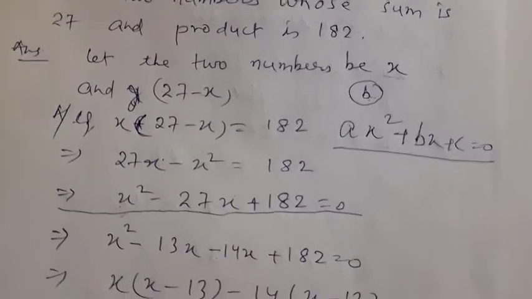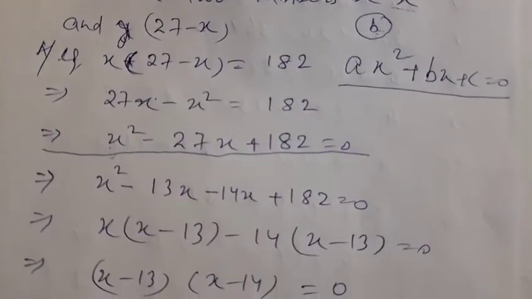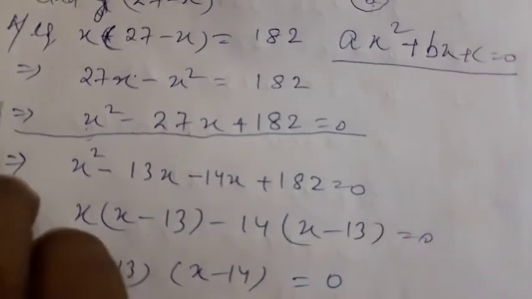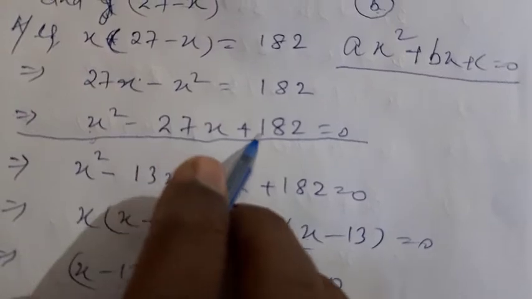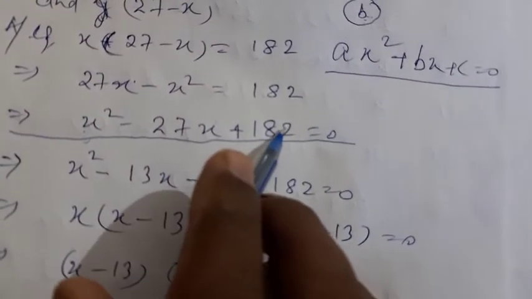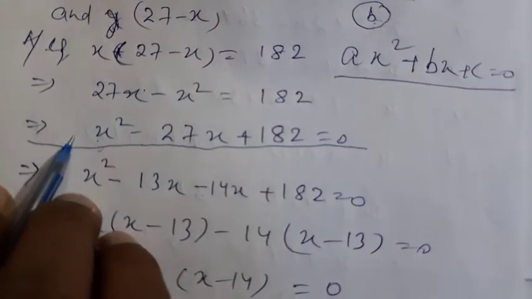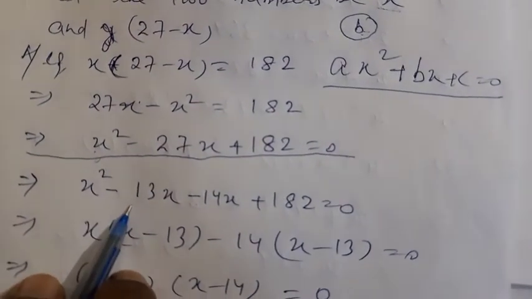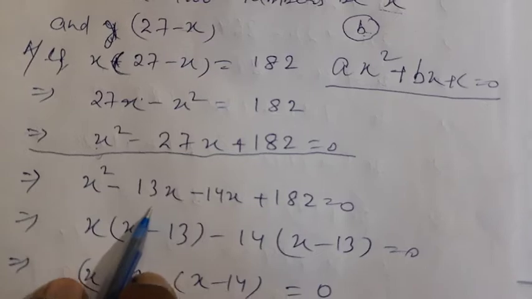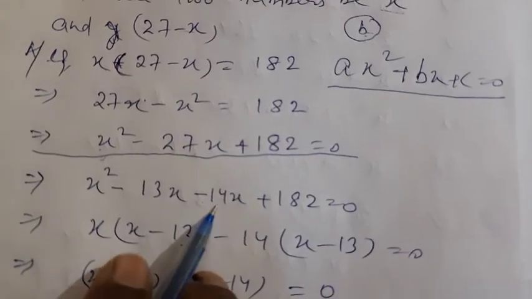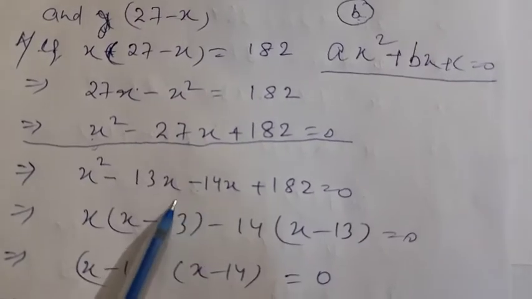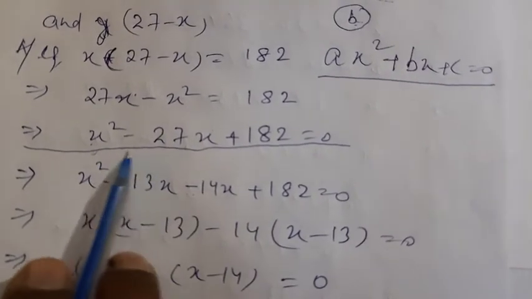So we have x square minus 27x plus 182. The prime factorization of 182 will give us two numbers, 13 and 14, which when multiplied become 182 and when simplified become minus 27.